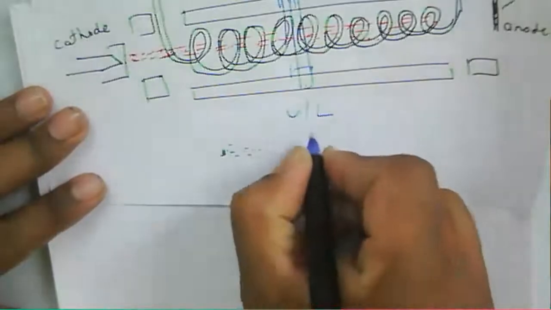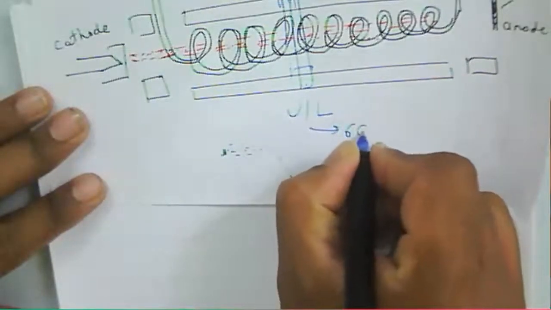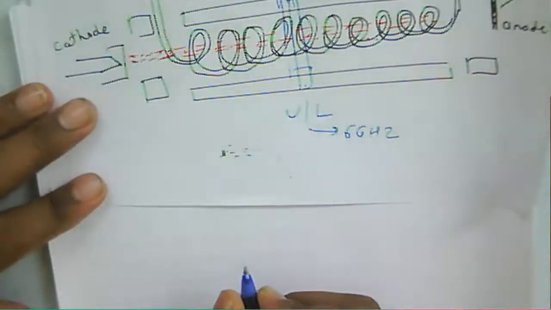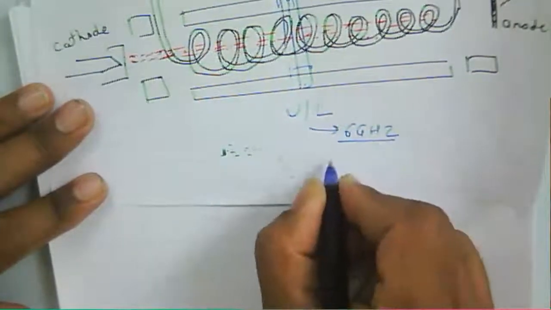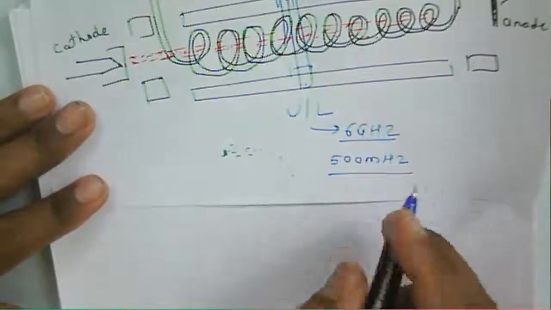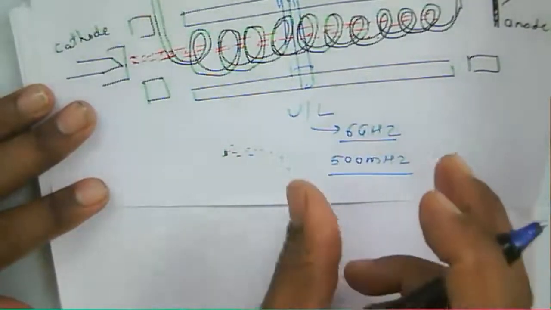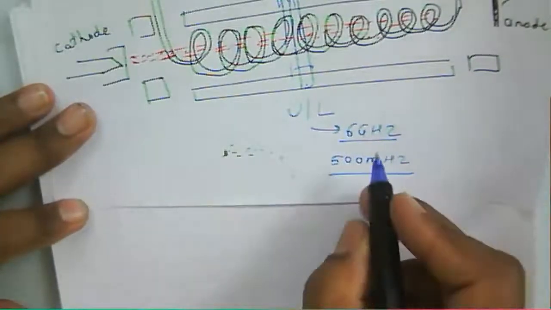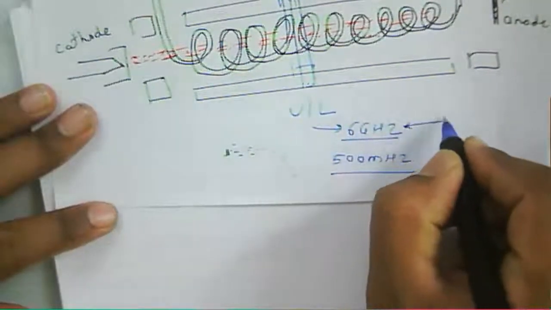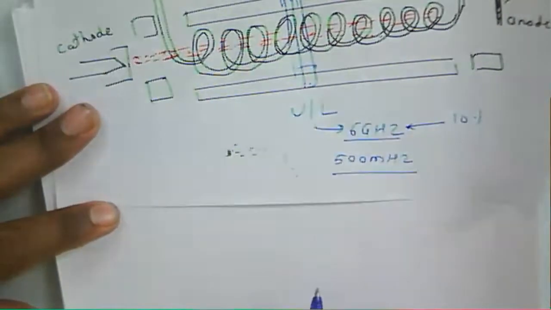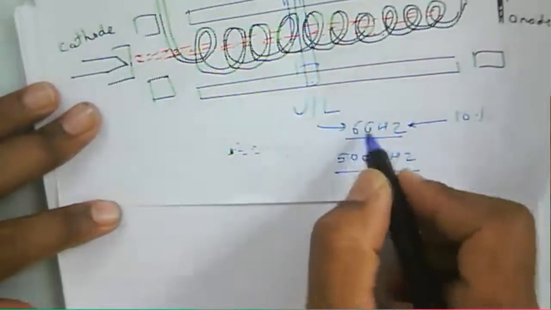If it is a 6 gigahertz uplink signal frequency, then the operating bandwidth is about 500 megahertz, so it has a wide band of operation. That is approximately 10% of the carrier; if it is 10%, that's 600 megahertz.